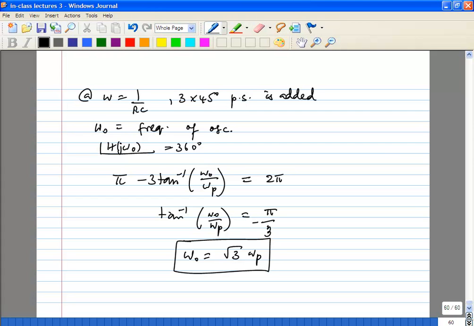Okay. And you have the second condition, that's your second condition. Now mod of the denominator of each stage is root of 1 plus omega naught over omega p the whole squared, and then whole cubed of that.